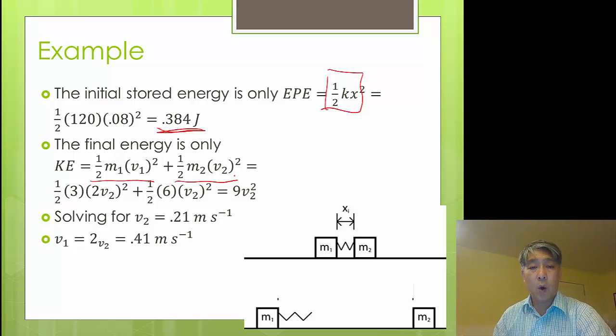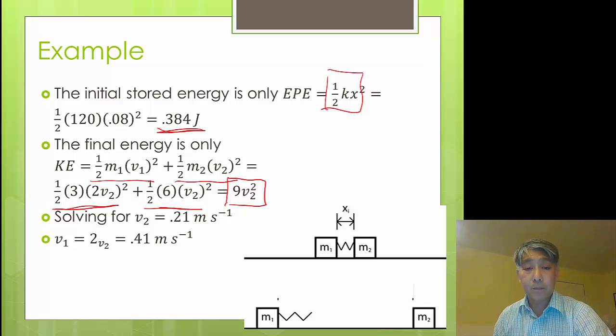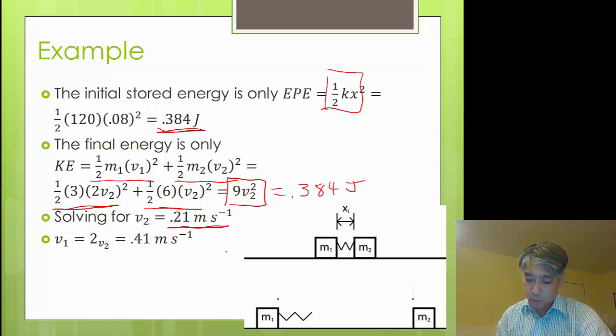Using the fact that v1 must be twice v2, I can make that substitution to get a total of 9 v2 squared, and this must equal my energy of 0.384 joules. Solving for v2, I find v2 is 0.21. v1 then must be 0.41.